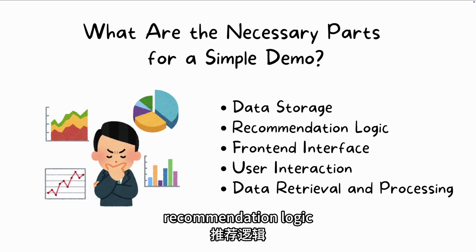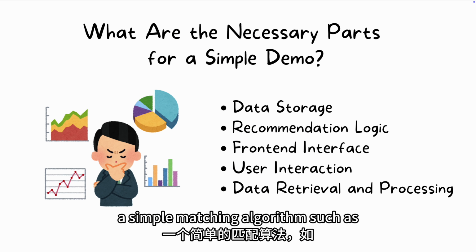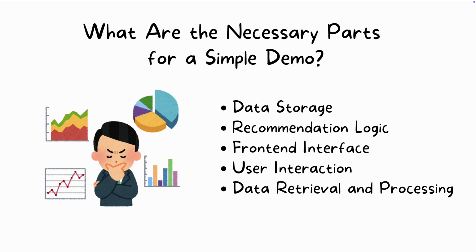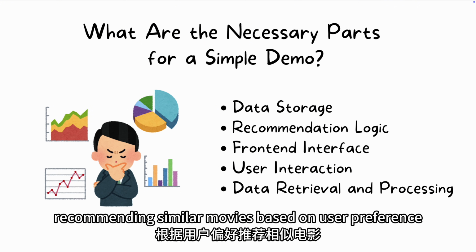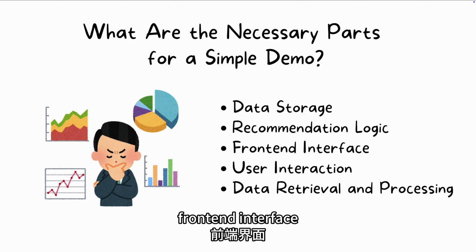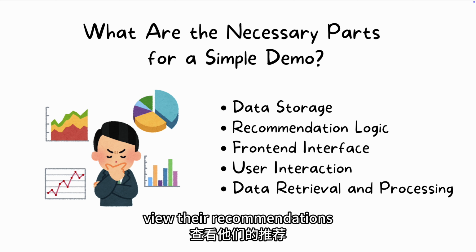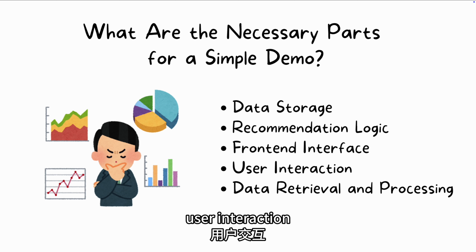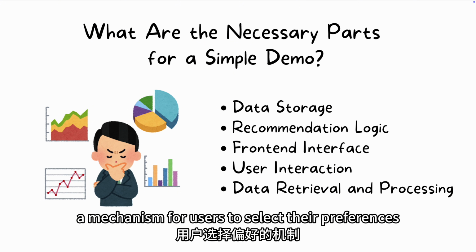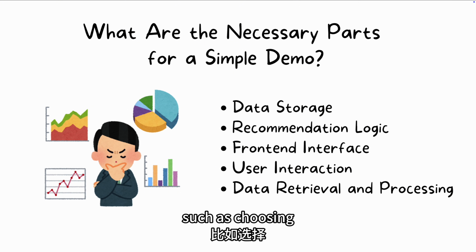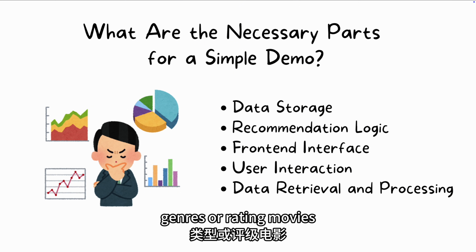Recommendation logic, a simple matching algorithm such as recommending similar movies based on user preference. Front-end interface, a way for users to input their preference and view the recommendations. User interaction, a mechanism for users to select their preference, such as choosing genres or rating movies.